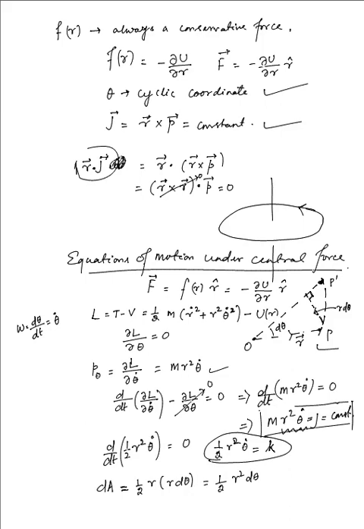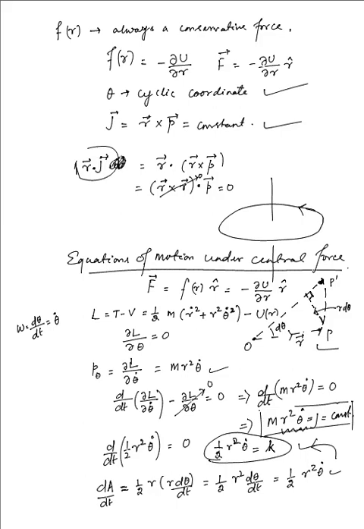And take the derivative with respect to time. So what we get is half of r square theta dot, which is this one, and that's a constant value, as you know it. We have checked it over here, it is constant.